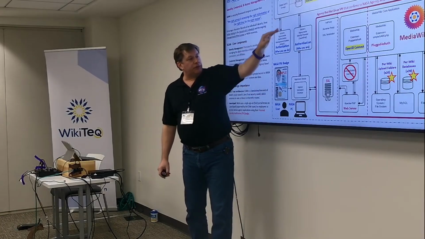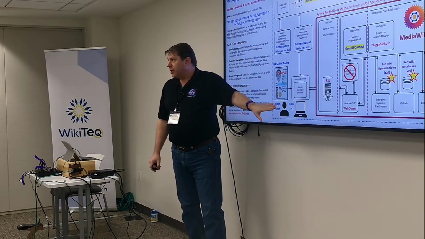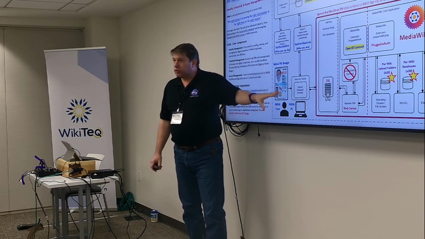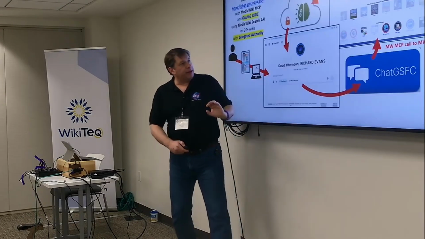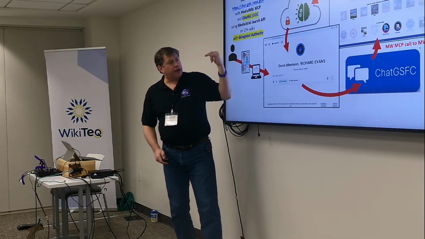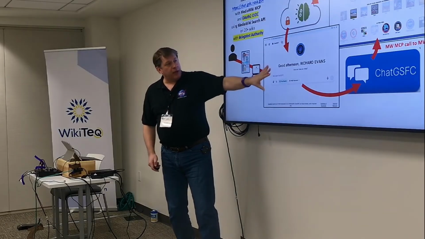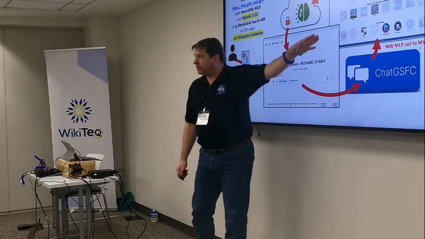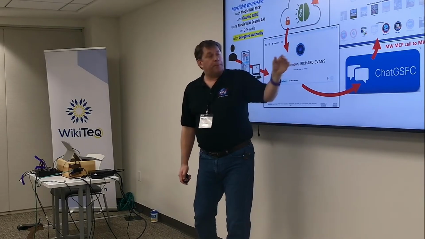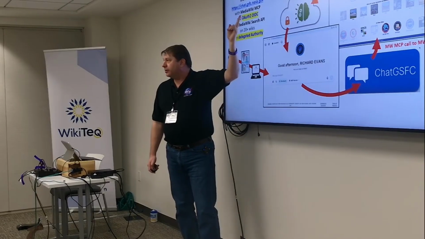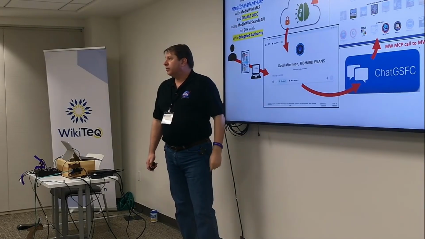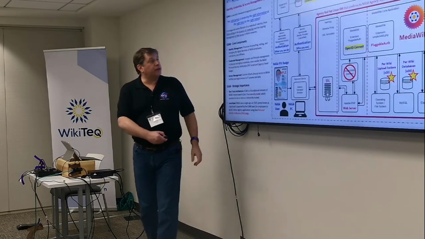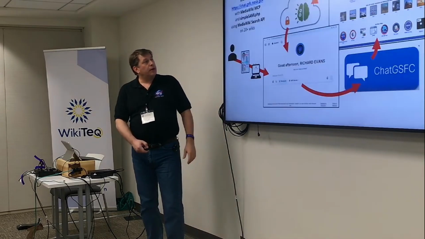Entra provides the token that the language model attempts to search the wikis from. But that token came from Entra. So Entra is centralized and NASA's not federated. Correct. Okay. Yeah. And so that goes back to the original chart.